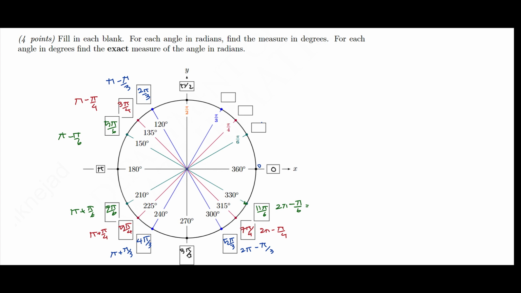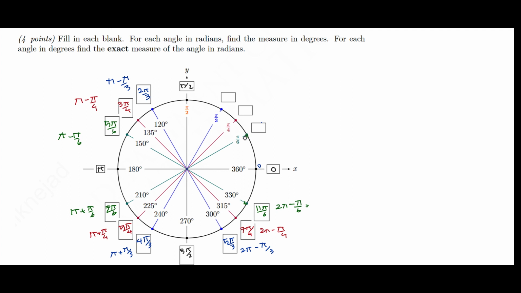There is another method of remembering how angles that are referenced to pi 6, pi 4, and pi 3 work. And this is how I go, basically. I start with pi 6.